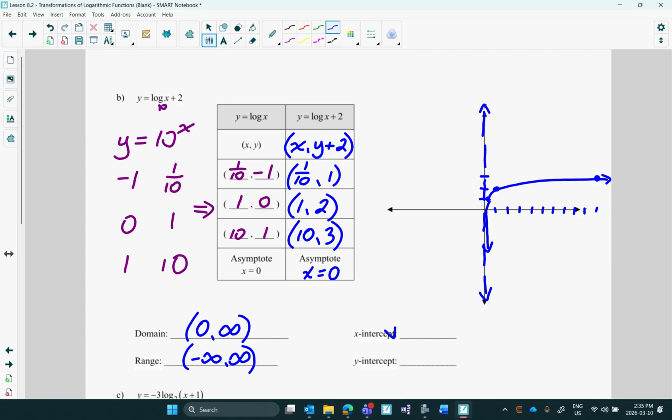So don't worry about this one. The y-intercept? None. It doesn't cross the y-axis. You could figure out the x-intercept algebraically, but I don't see that question being asked.